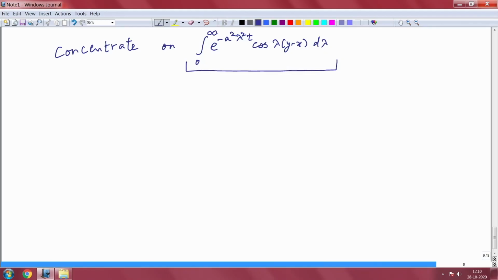First we make a change of variable. Put eta equal to y minus x by a root t. The integration is with respect to lambda, and t is anyhow positive, so I put a root t lambda as z, a new variable.